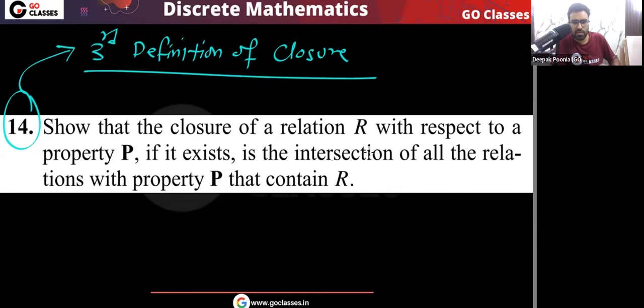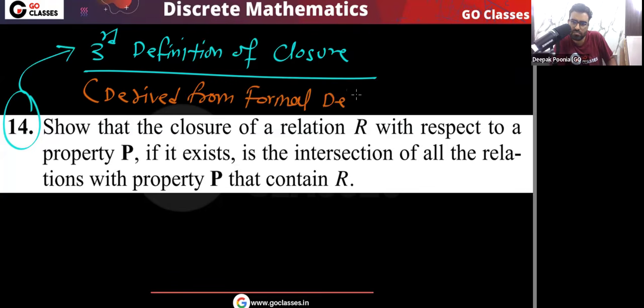Anyway, to solve the questions, we are never going to use it, but maybe in true false they can ask, right? Yes or no? And this is actually derived from the formal definition. This you can easily prove, or I can say derived. So don't worry about this one.